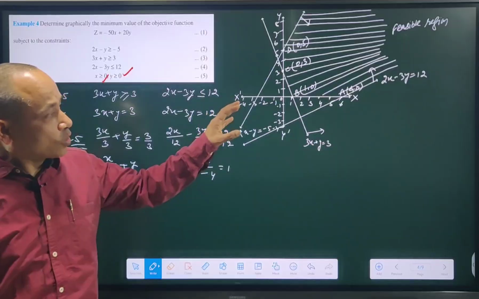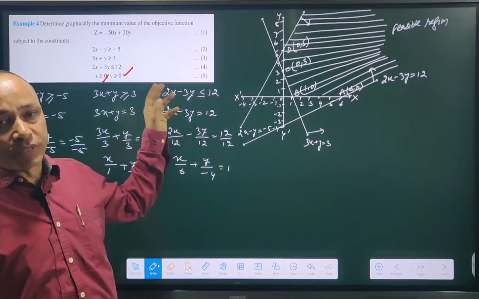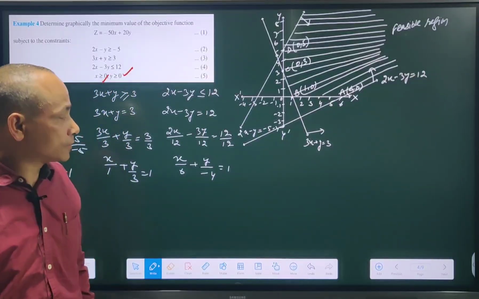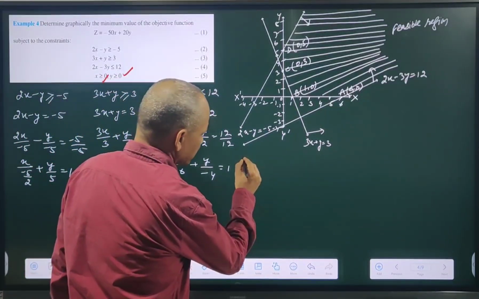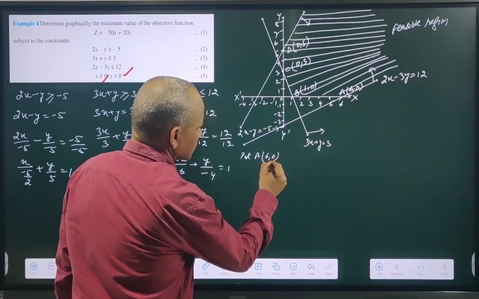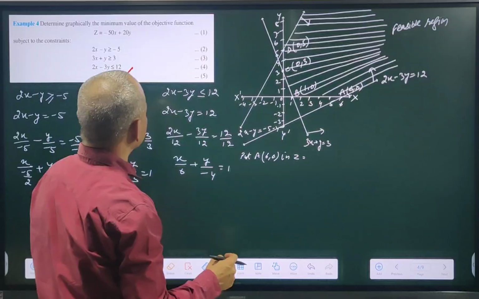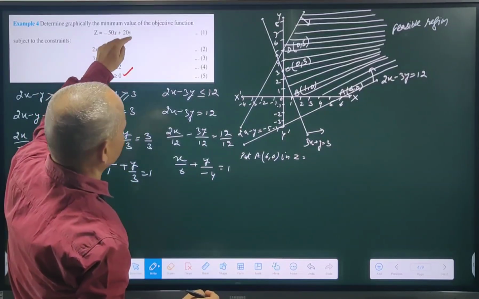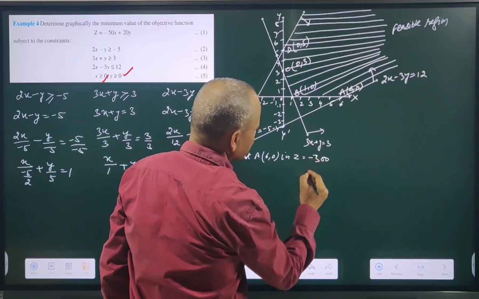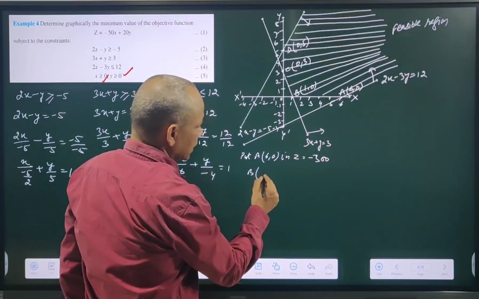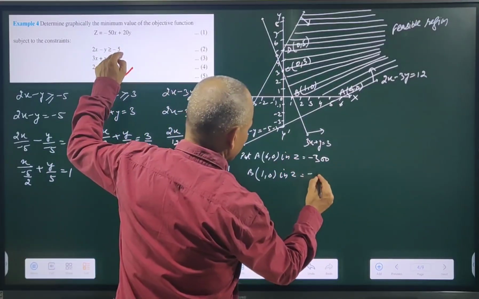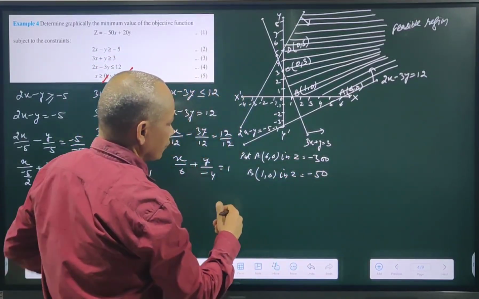So we will put all these points in the objective function, and we will check which is the lowest of all those values. So put A, that is 6 comma 0, in Z, and Z is minus 50x plus 20y, so it will be minus 300. Now point B is 1 comma 0. If you put it in Z, that will be minus 50.